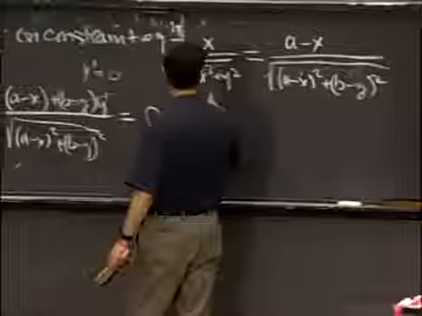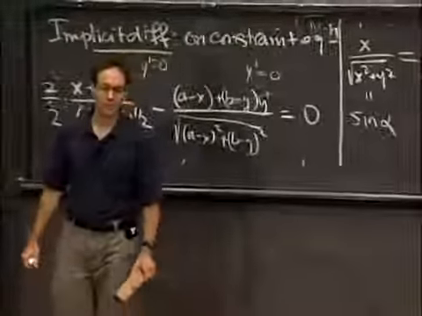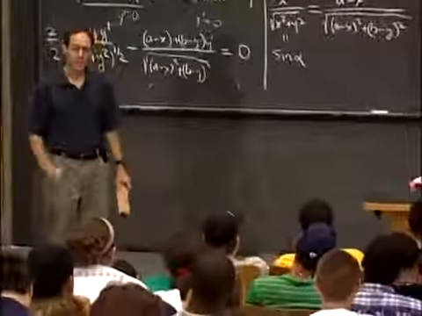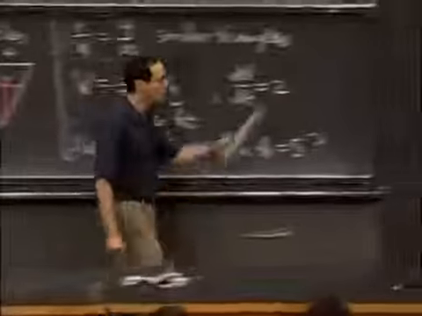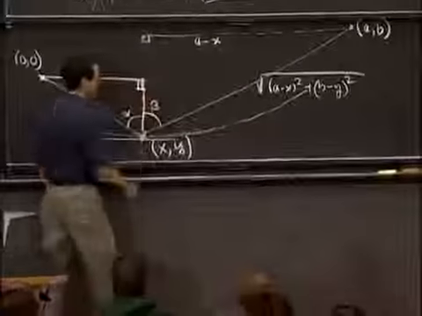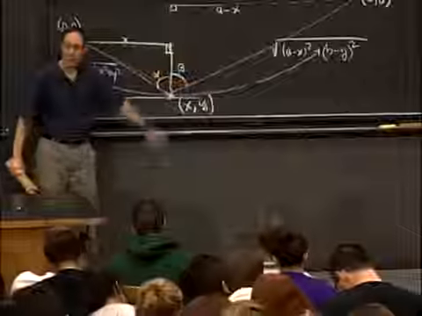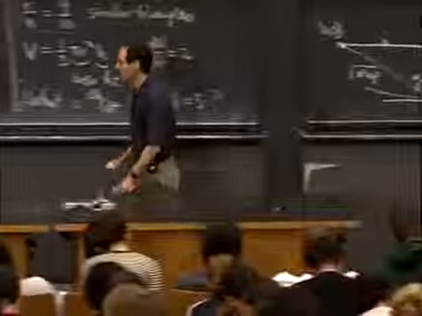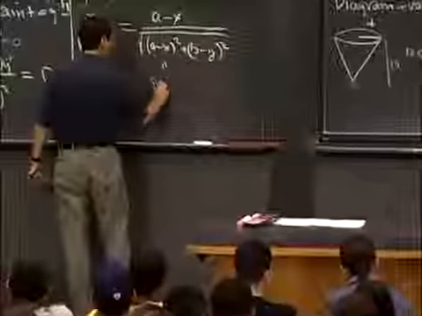So this guy is the sine of alpha. Similarly, the other side has an interpretation for the other right triangle. If this angle is beta, then the opposite side is a minus x, and the hypotenuse is what was in the denominator over there. So this side is sine of beta.